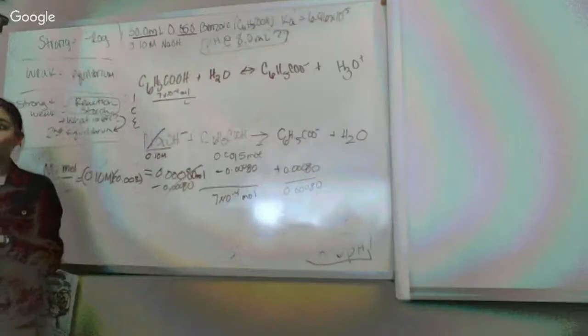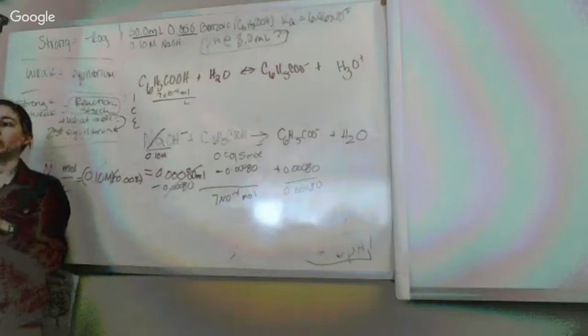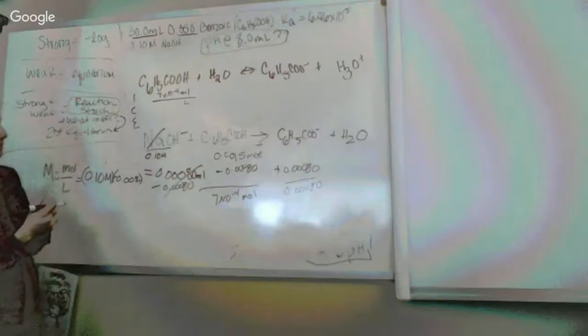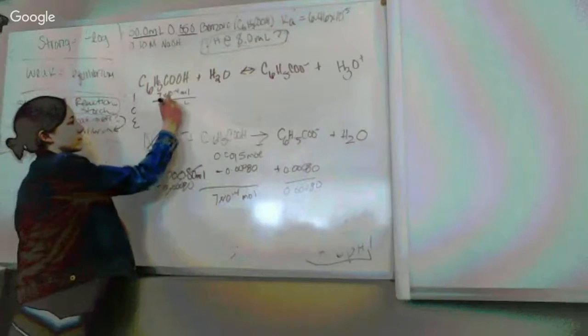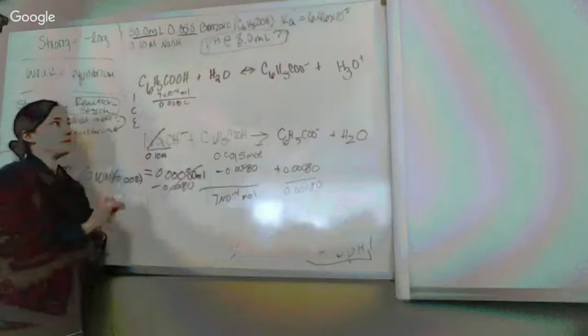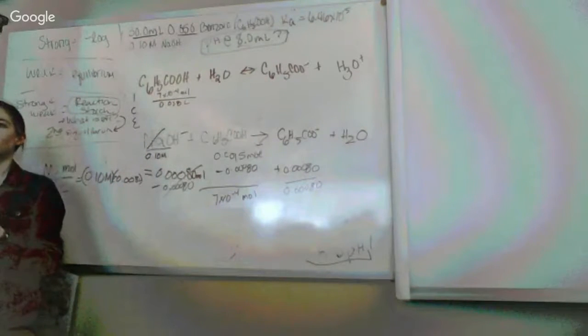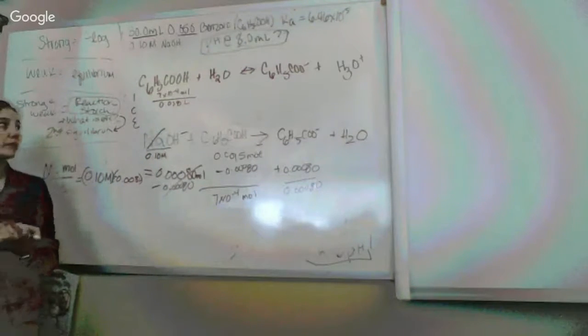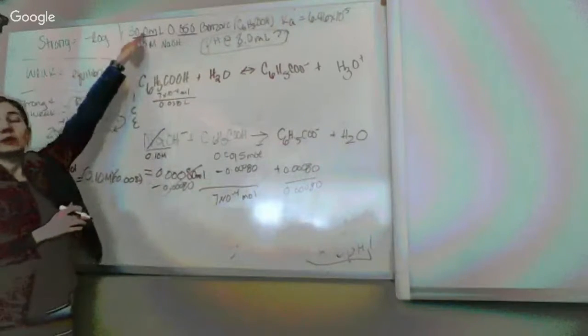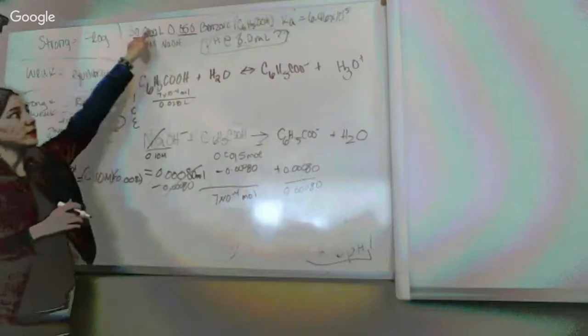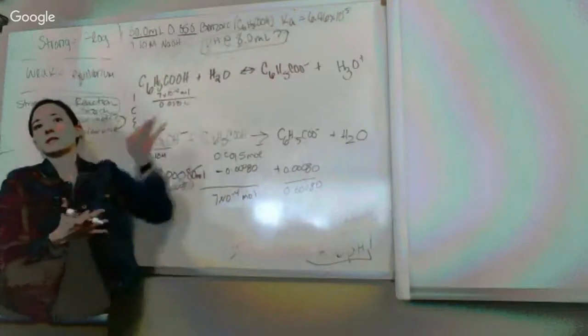So what's my volume here? 0.038 liters. Because I took 30 milliliters of my acid and 8 milliliters of my base and added them together.